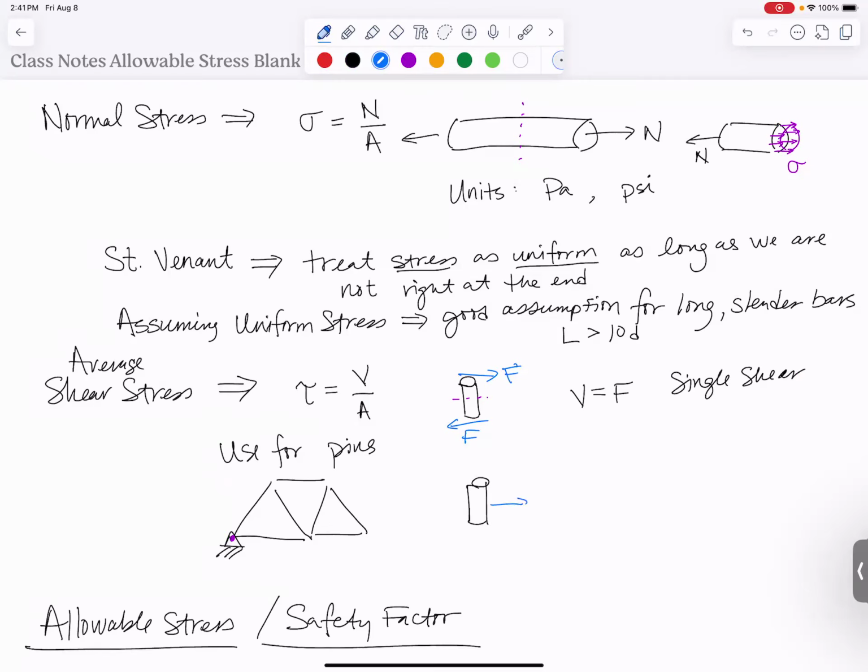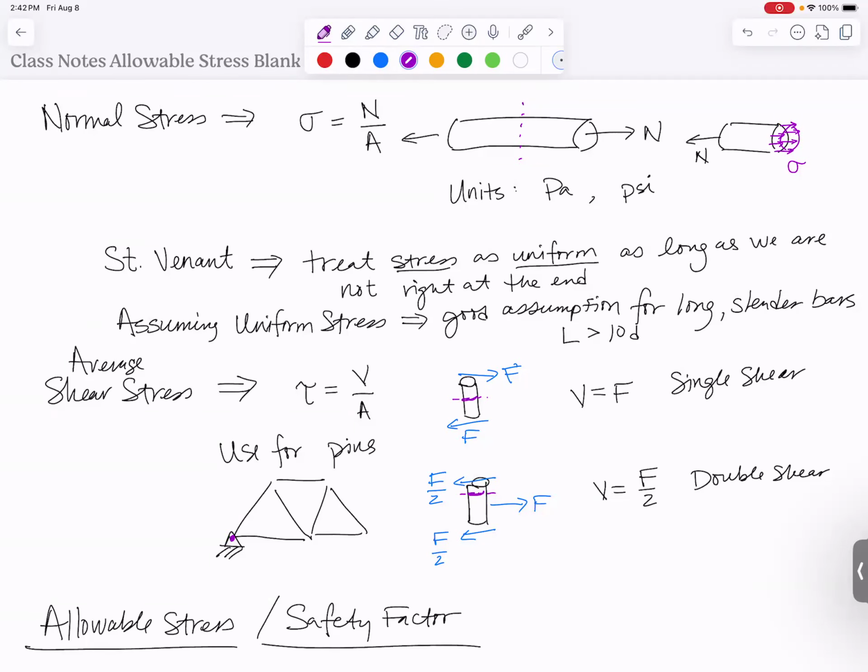For double shear, we typically have a force F acting to the right, countered by a pair of forces F over 2 pulling back to the left. We end up with V equaling F over 2. You would get that by cutting in between any two of these forces and finding that V across this cut surface area would be F over 2 for double shear, and only F for single shear. So those are the two things that we've dealt with so far with stress.